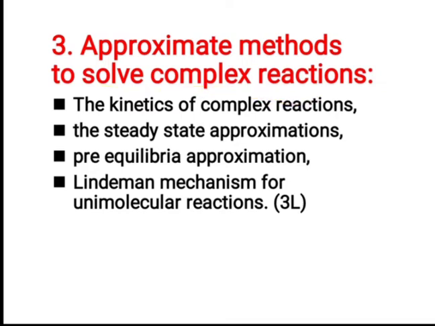Here we have to find the rates of complex reactions: the steady state approximation, which we have seen in one lecture already, then pre-equilibria approximation and Lindemann mechanism for unimolecular reactions. This topic is of 3 lectures. The steady state part we have already covered. In today's lecture, we will see pre-equilibria and in the next lecture, we will see the Lindemann mechanism for unimolecular reactions.